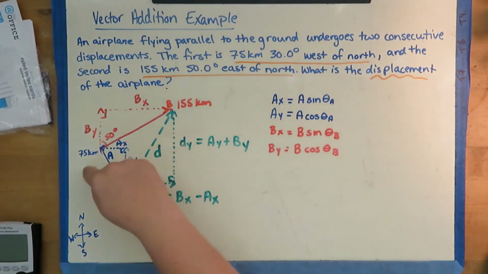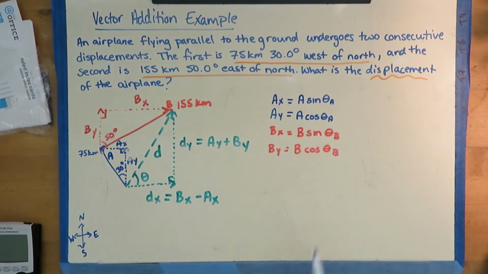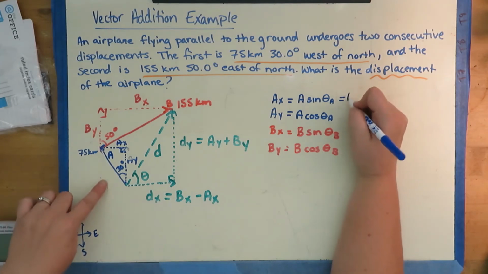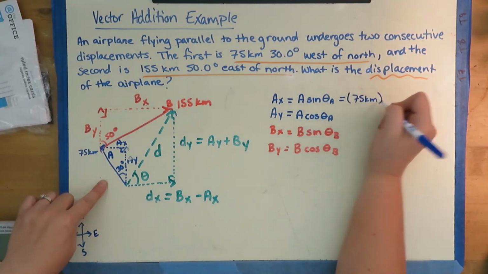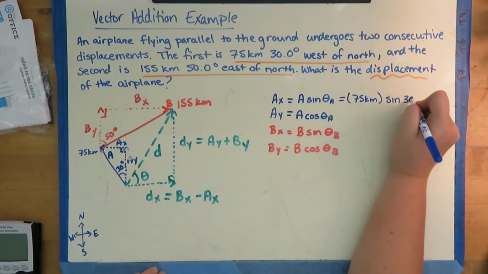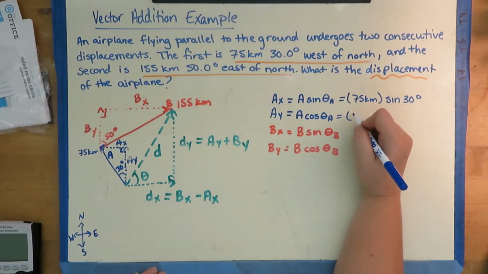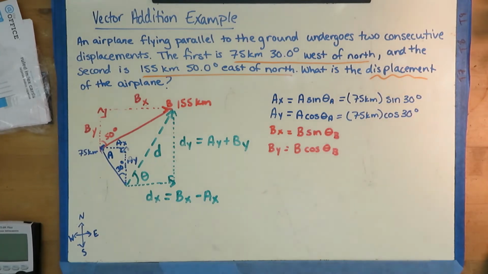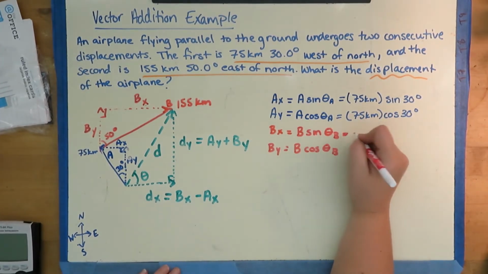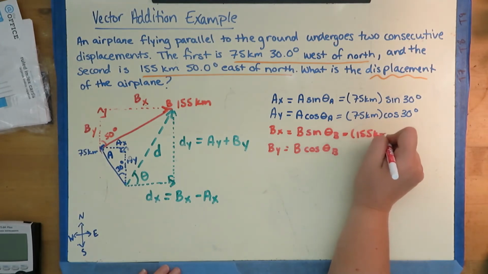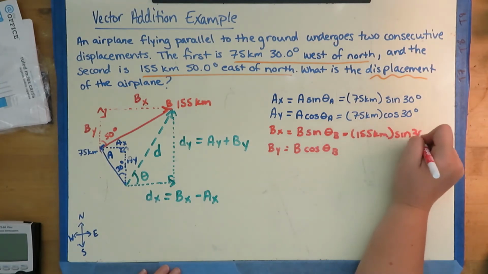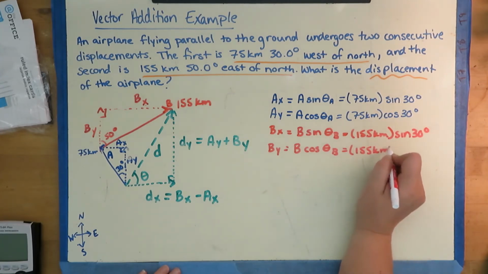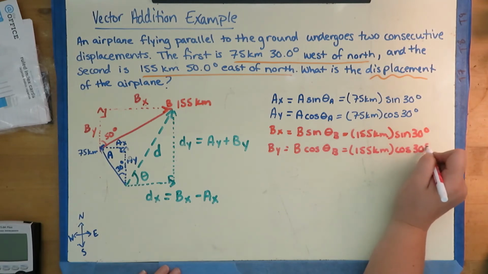And A and B are these original legs, so I can then plug those in and get values. So A is 75 kilometers times sine of 30 degrees. You get 75 kilometers times cosine of 30 degrees. You would have 155 kilometers sine of 30 degrees and 155 kilometers cosine of 30 degrees.